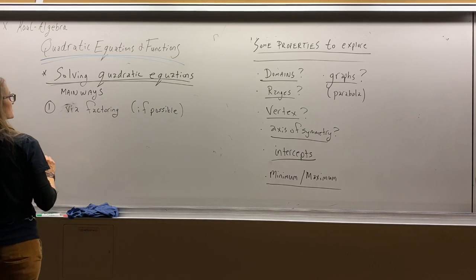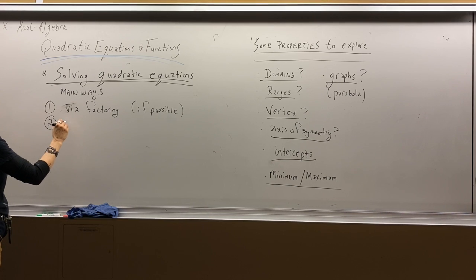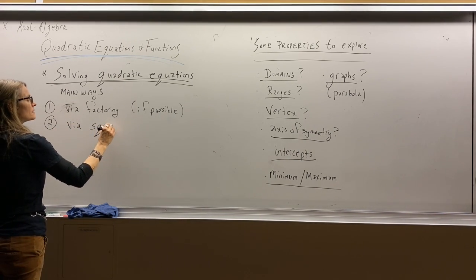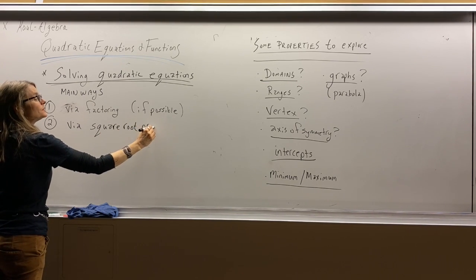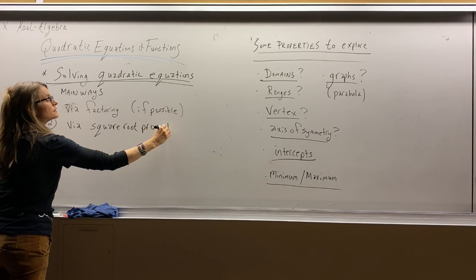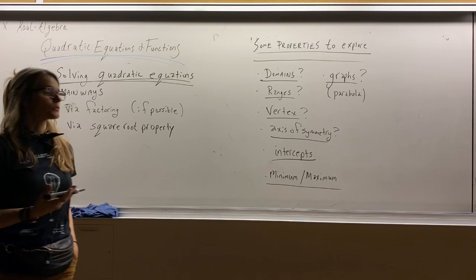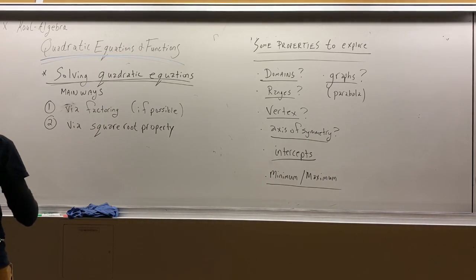But we'll find there's other techniques we could apply. So the second one is via the square root property, which is a really nice feature. If your quadratic function or equation is set up in a certain way, you could just take the square root of both sides and solve for x.